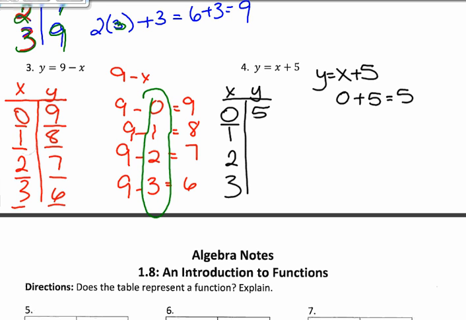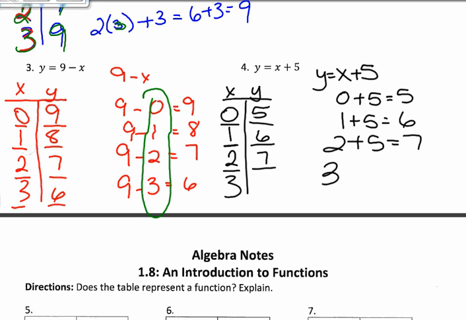So when I put in 0, I get out 5. Next, we put in 1. So 1 plus 5 is 6. When I put in 1, I get out 6. Put in 2. 2 plus 5 is 7. So when I put in 2, I get out 7. Last one. When I put in 3, I get out 8.